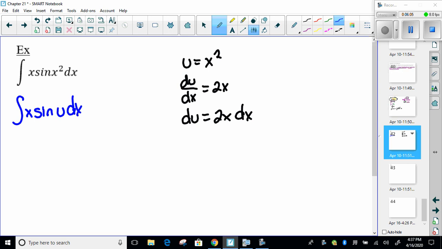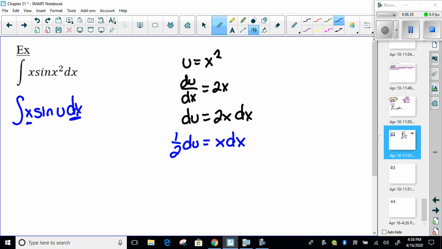And what you're going to look for now is that 2x. And what you're going to notice is you don't have a 2. You just have an x dx. So get rid of that 2. Divide it over here. That's a half du equals x dx.